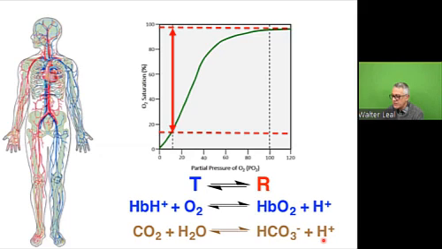Once carbon dioxide is produced and reacts with water, it generates protons, and if you generate protons, you are going to affect this equilibrium. It's going to be shifted to the left. So if you have a higher concentration of protons, the equilibrium goes to the left, to the unbound form of this beautiful protein named hemoglobin.